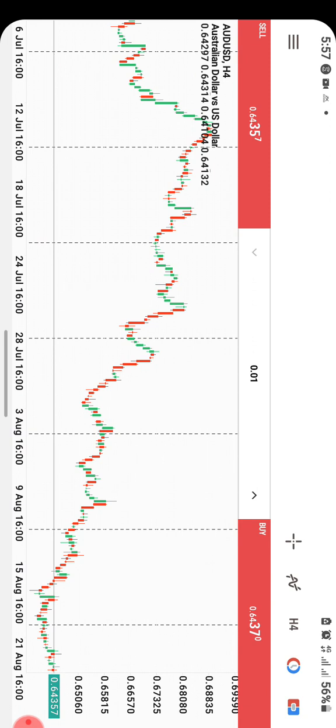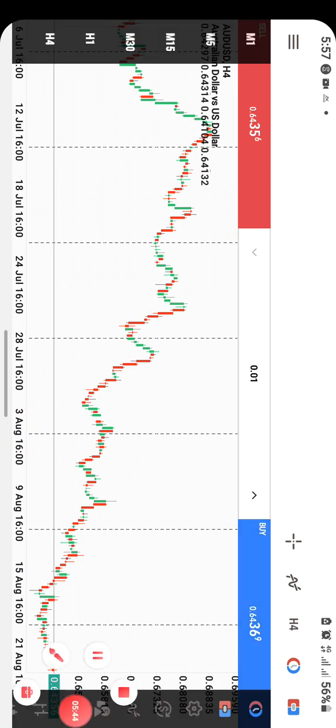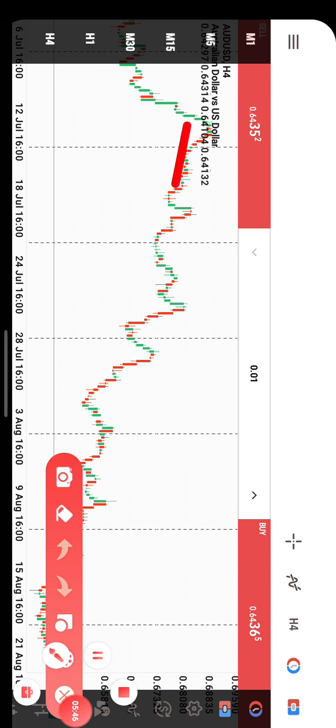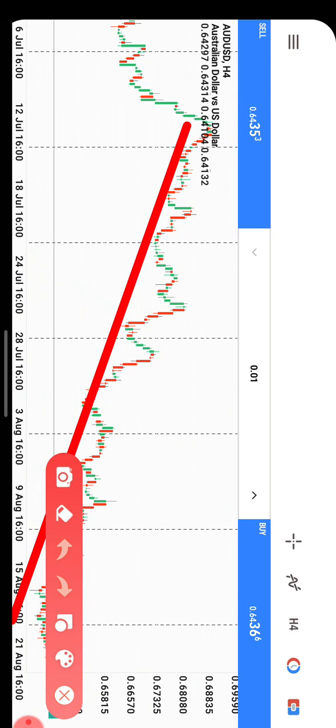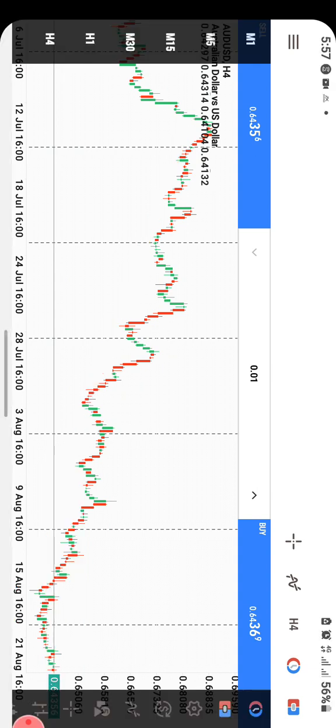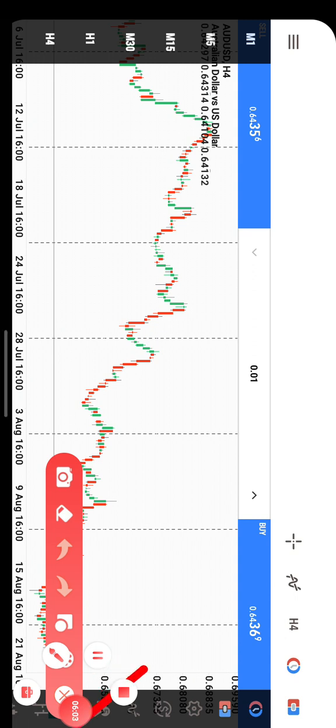It fell much more than that. Let me bring out the line again. So what we have is from here like this. This is a downtrend. Can you see the line?